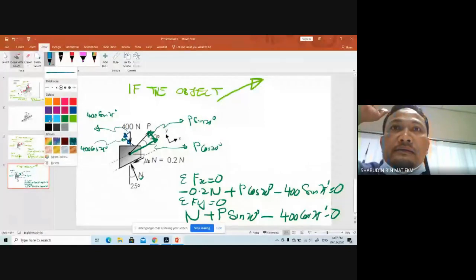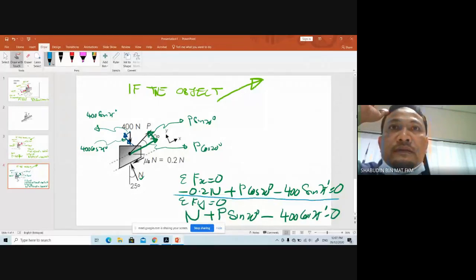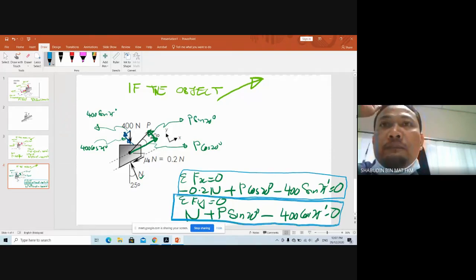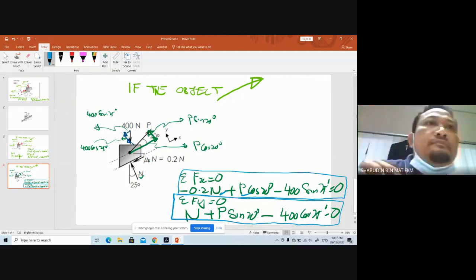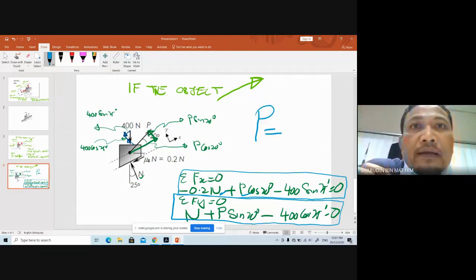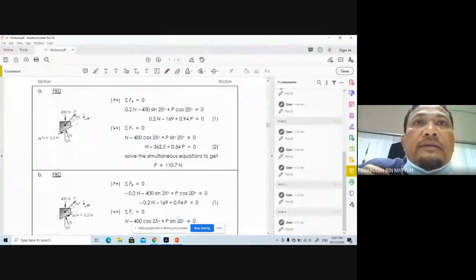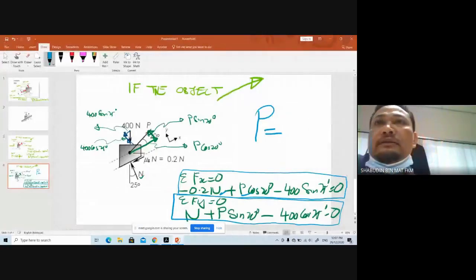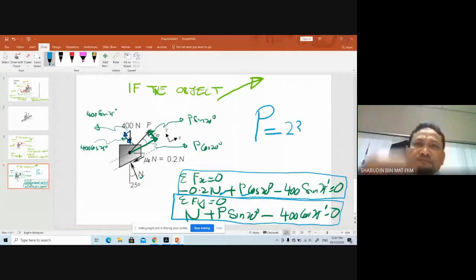So two unknowns, two equations, P and N. So we get here P is equal to, from your calculation given in the book, 239.6 Newton.